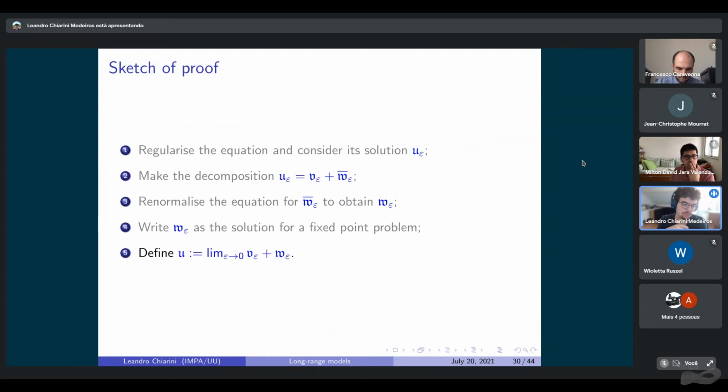Okay, and then we can finally define what we mean by the solution of such kind of equation by being not this U epsilon that we defined before, but the U epsilon with the renormalized solution.